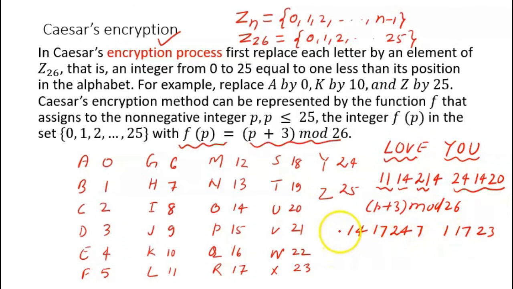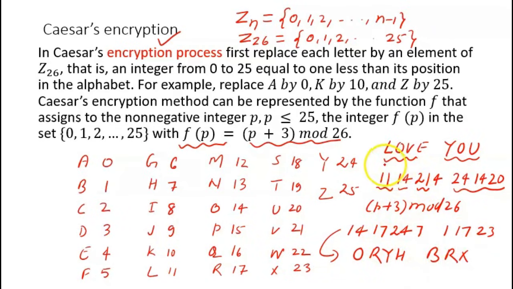Now what we do, we change this into alphabets. So now 14 stands for O, 17 stands for R, 24 stands for Y, 7 stands for H, and 1 stands for B, 17 stands for R, and 23 stands for X.